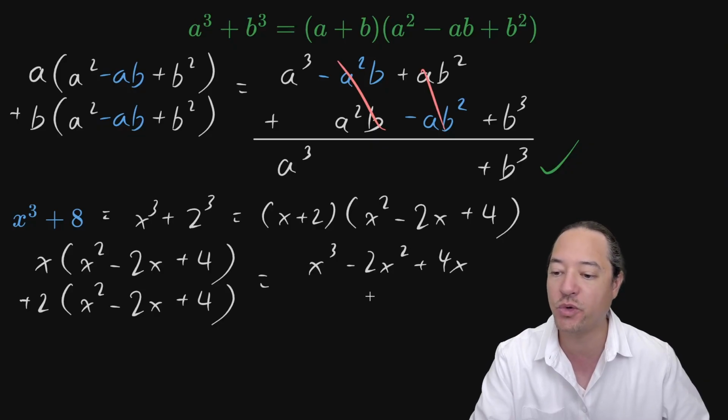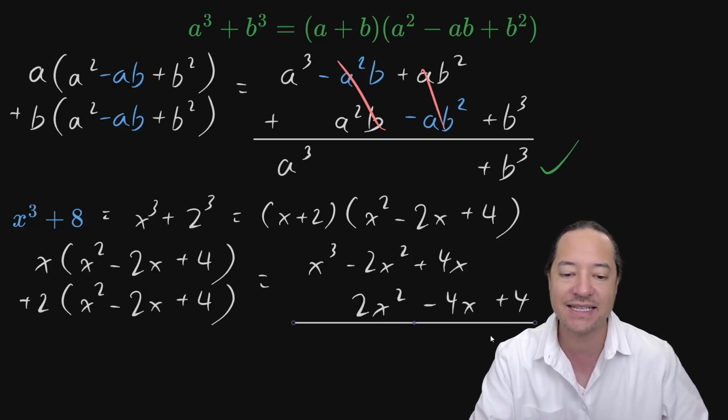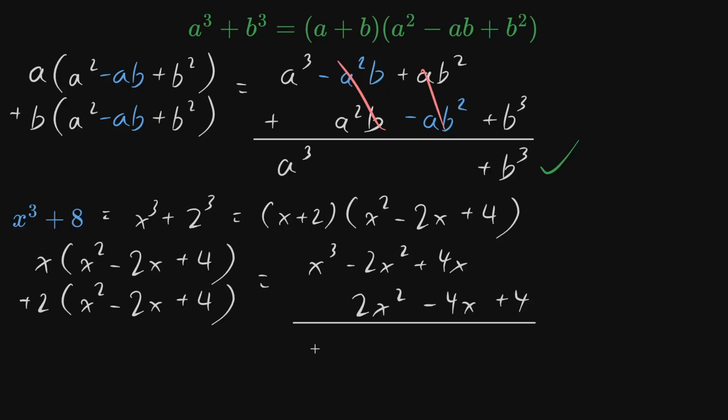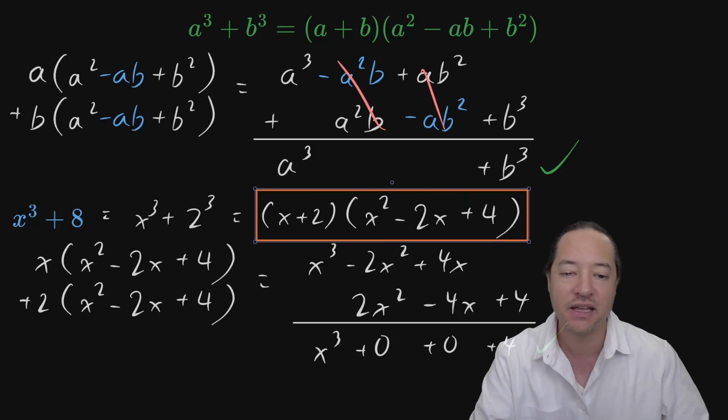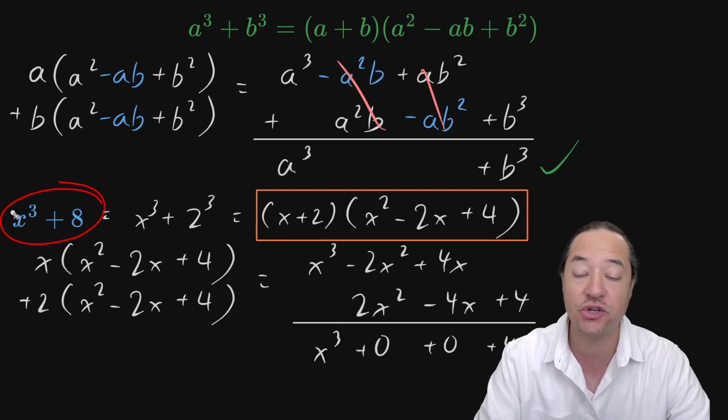And on the bottom, we will get a 2x squared minus a 4x plus a 4. Add that together. Yes, in fact, this will be an x cubed plus a 0 plus a 0 plus a 4. It works.